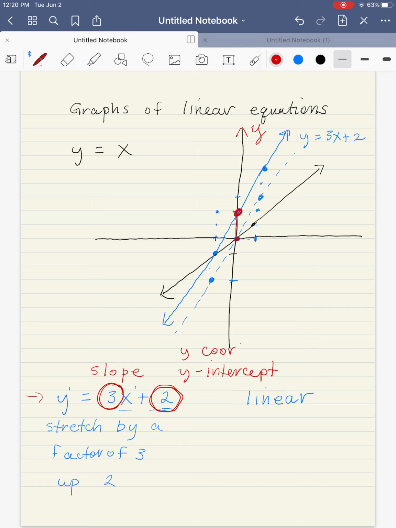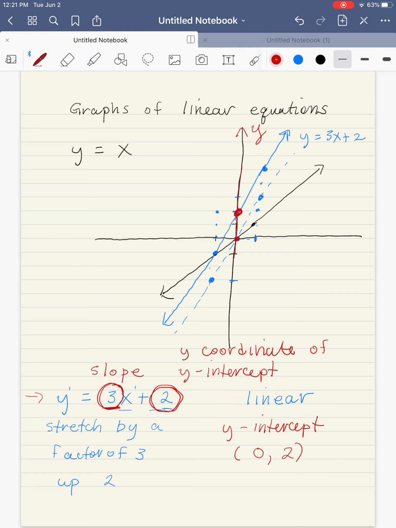And we're going to see that the 2 is the y-coordinate of the y-intercept, because the y-intercept is an ordered pair. It's a point. And because it's straight on the y-axis, that means x is 0 and y is 2. And we're going to see that that always works.